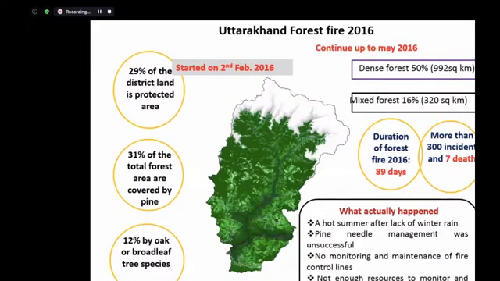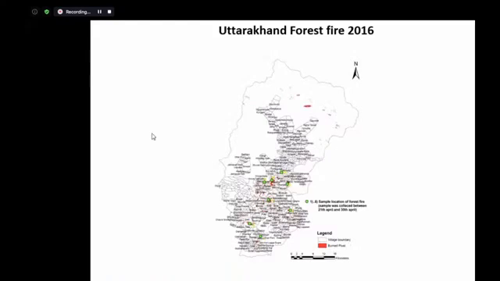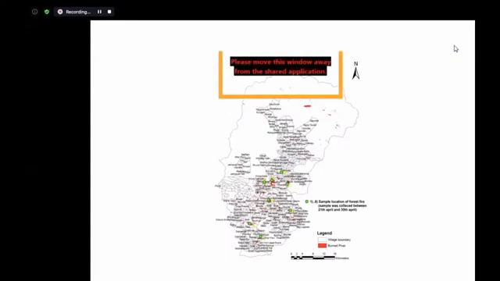This is a cadastral map. It's a village-level map of Rudraprayag district, and we identified the forest fire locations using satellite images.